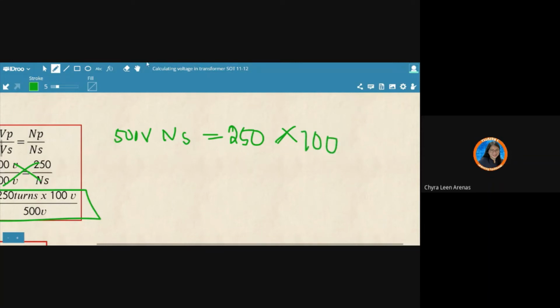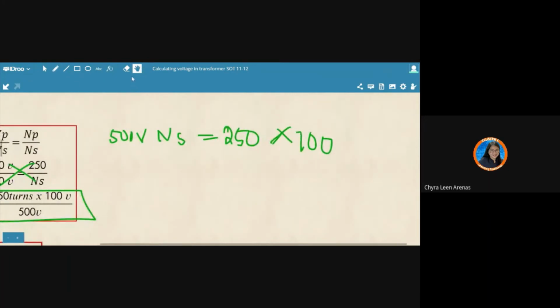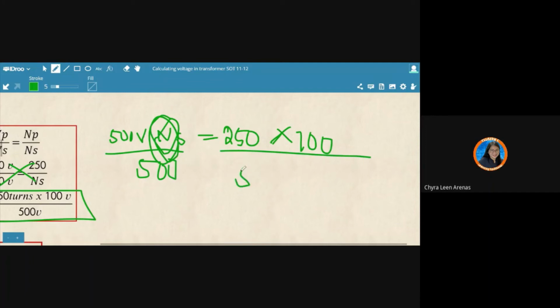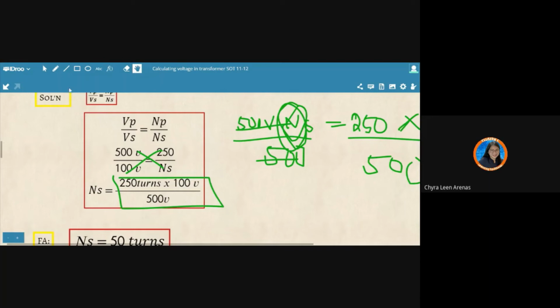So, we divide both sides by 500 volts in order for us to get the NS, because that is what we have to get. So we divide both sides by 500 so that NS will be left behind. And we all know that if we divide the same number together, automatically it will be cancelled. So 500 volts, cancel, cancel. And the one that we have is actually NS is equal to 250 multiplied by 100 over 500.